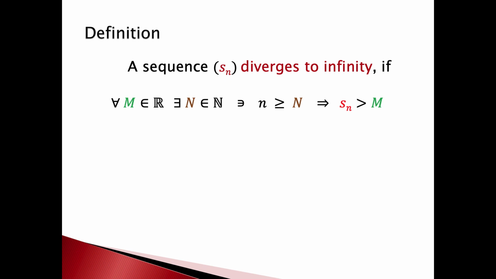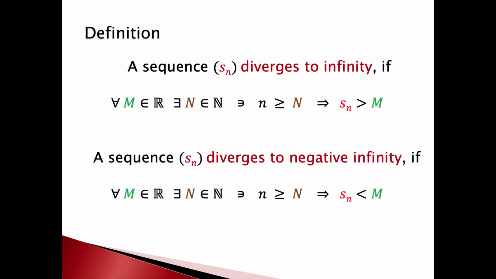For every M contained in R, there's a capital N again, so that whenever little n is bigger than or equal to capital N, then the terms in the sequence, the Sn's, are all bigger than M. That makes sense because if this thing's going off to infinity, then no matter what number you give me, capital M, I'll eventually get bigger than that in my sequence. In other words, you give me as big a number as you want to, and if my sequence really does go to infinity, at some point it'll get bigger than that number and stay bigger than that number. That's what the definition says.